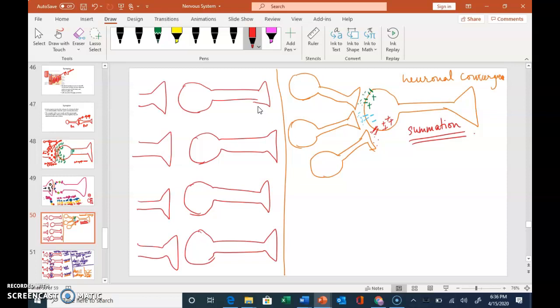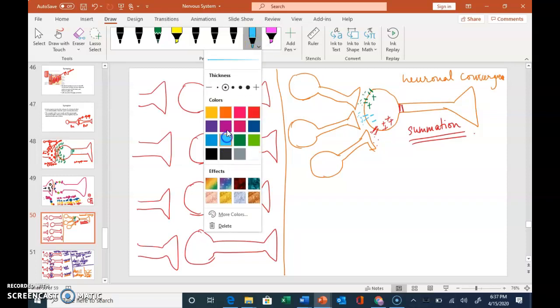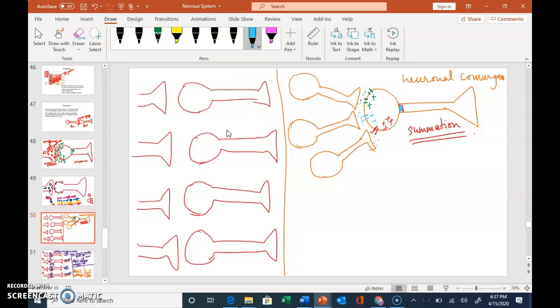So at the axon hillock, which is here, all this information, all these graded potentials will be summed up. So these are graded potentials, right?